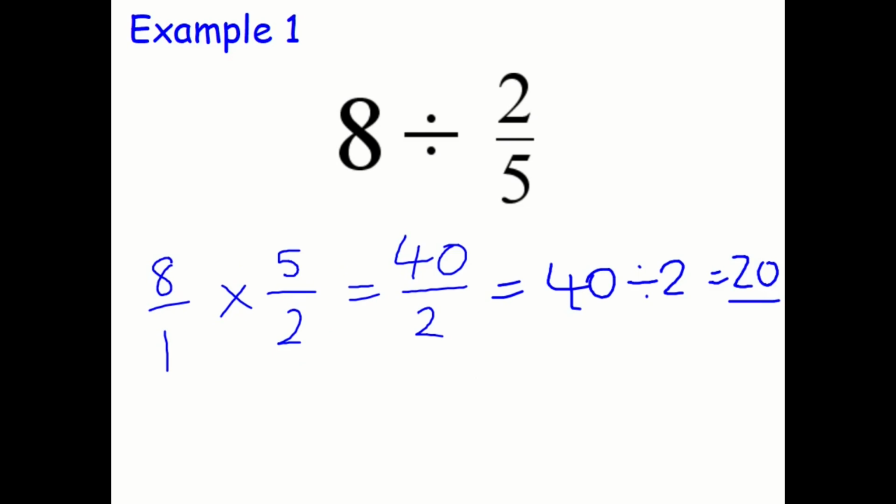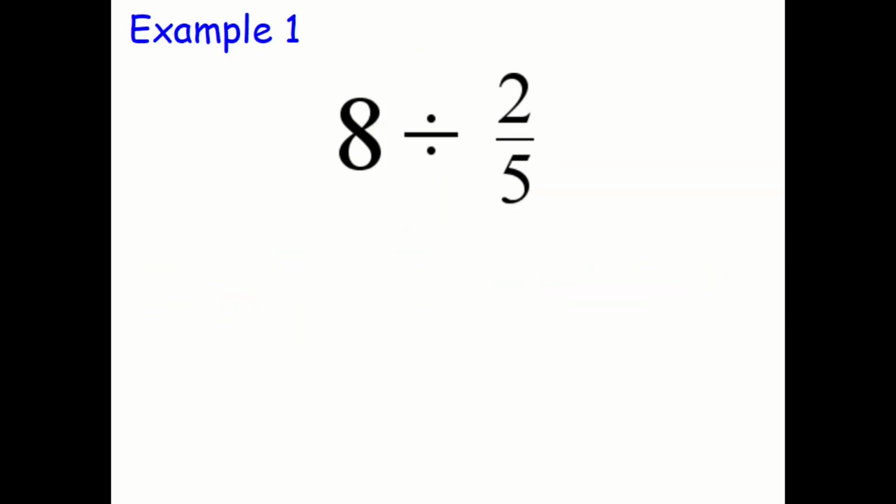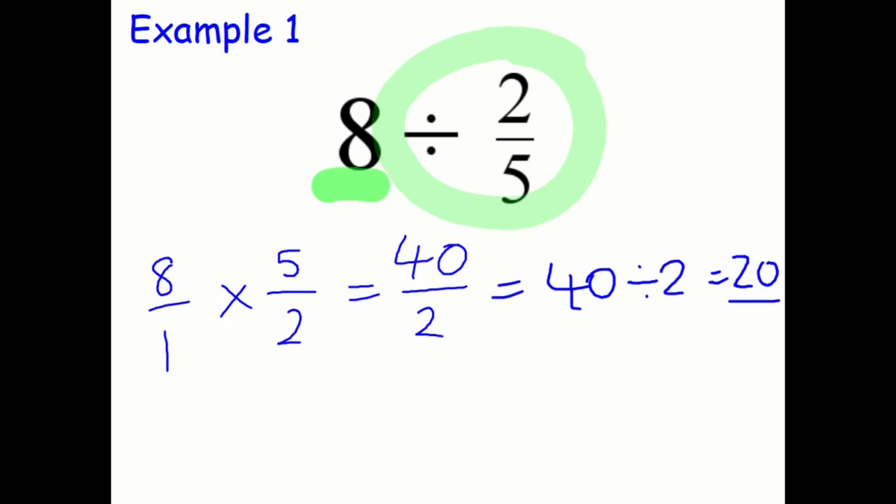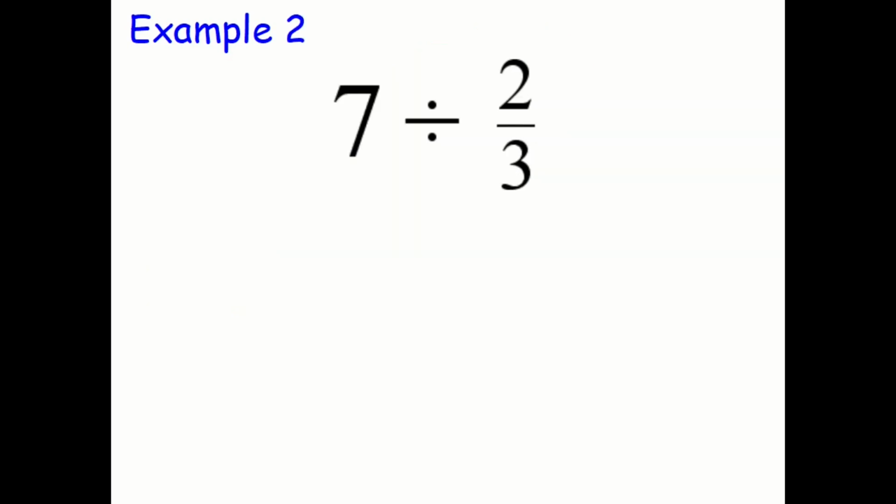Let's have a quick look back at this question again. This question basically says, how many 2/5 are there in 8 whole cakes? It makes sense that there are 20 2/5 in 8 cakes. Again, keep the first fraction the same. 7 is the same as 7 over 1. Swap the division sign and flip this last part.